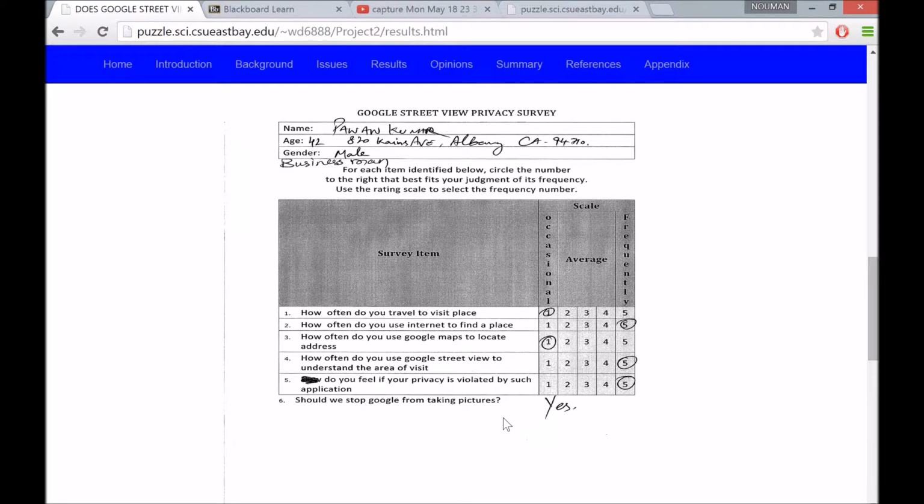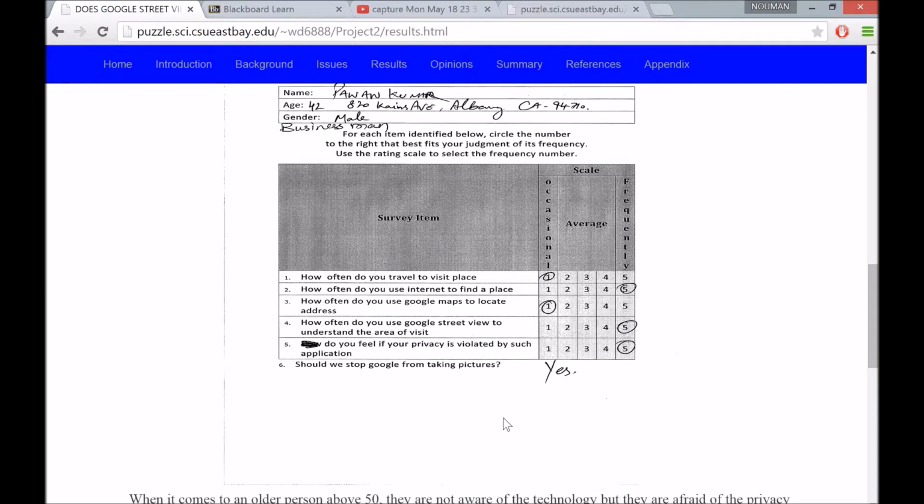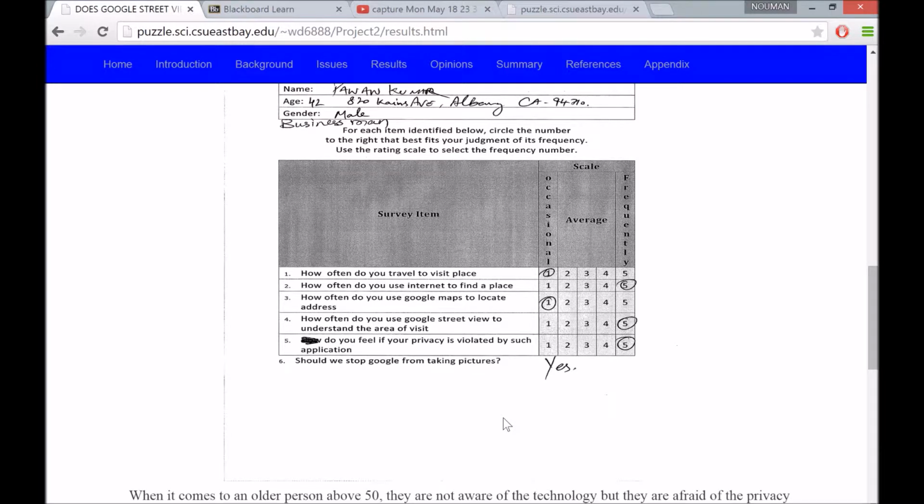There was another case of a middle-aged man who is a businessman. He suggested that we should stop Google from taking pictures, because that violates privacy. But he also mentioned that he regularly uses Google Street View, because since he's a businessman, he has to visit places to places.